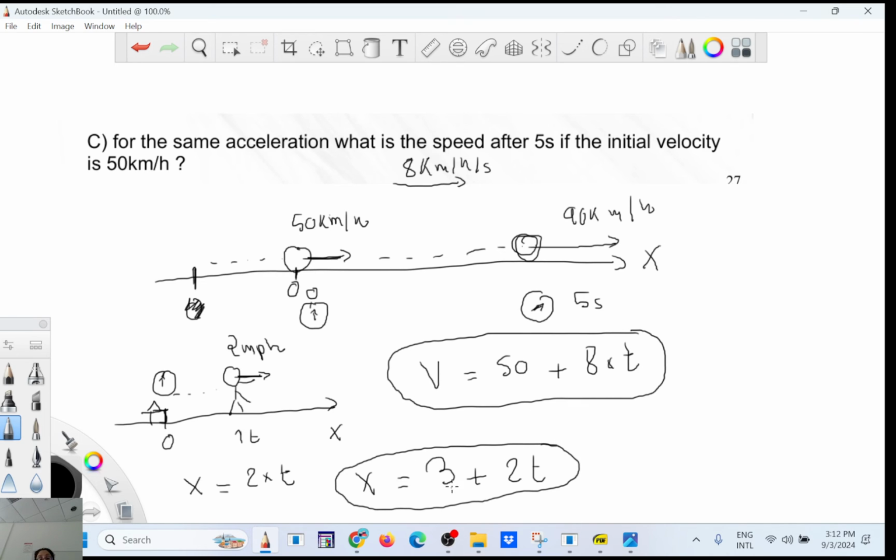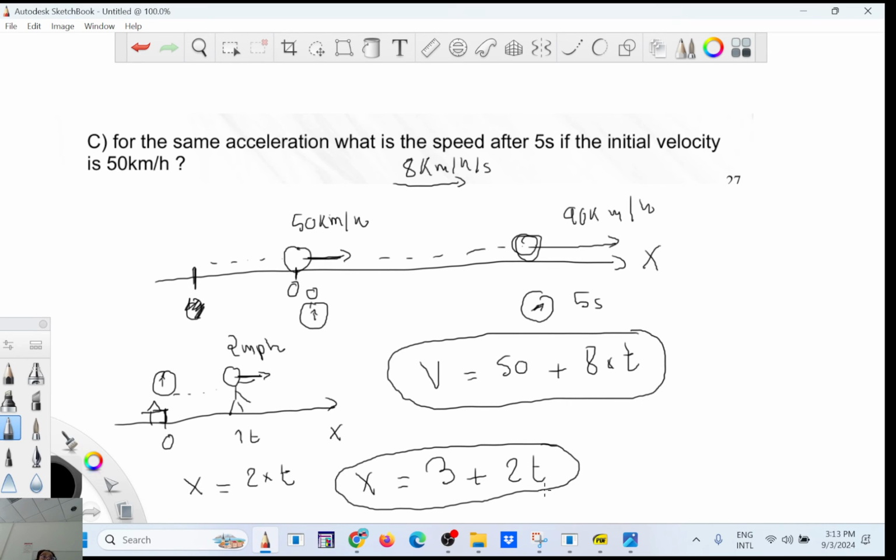That's another function of time, okay? And that will be also a kinematics equation. That will give you the position as a function of time. That will give you the velocity as a function of time, if you have an acceleration, of course. If you do not have an acceleration, then your speed will stay the same.